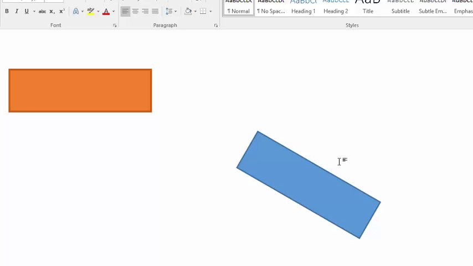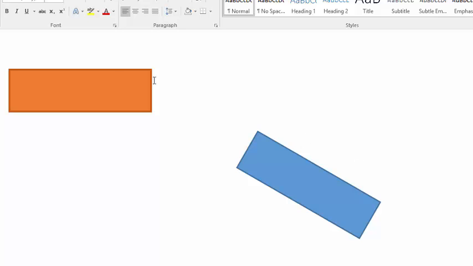Now, it can be difficult to sometimes see whether or not two shapes are congruent to each other, because two shapes can be in different locations. As you can see, the blue rectangle is in a different location than the orange rectangle. And they can also be rotated differently.